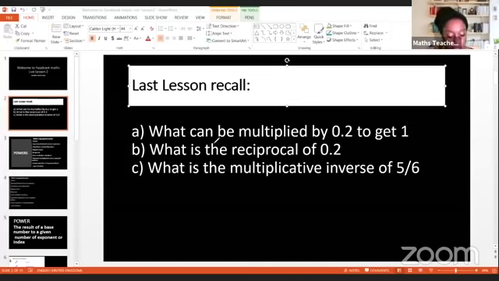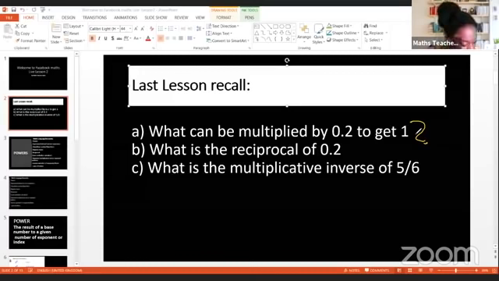Last lesson, we talked about reciprocals and fractions. And now, what can be multiplied by 0.2 to get 1? There should be a question mark there. If you remember, it would be great to see that you write the answers in the comment section.